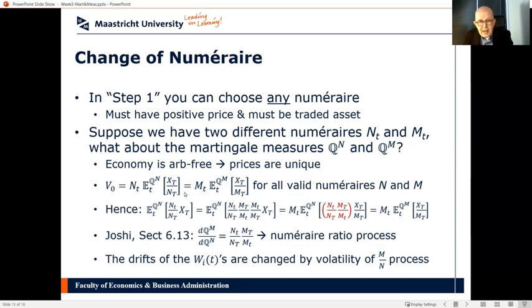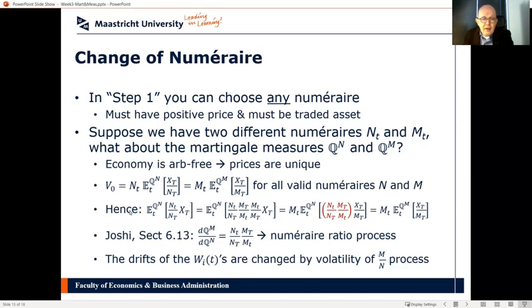This must be the same answer as if I had chosen a numeraire m, divided all my prices by m, taken an expectation under my Qm probability measure and multiplied with numeraire m small t. These two values must be equal to each other. All valid choices of numeraire.